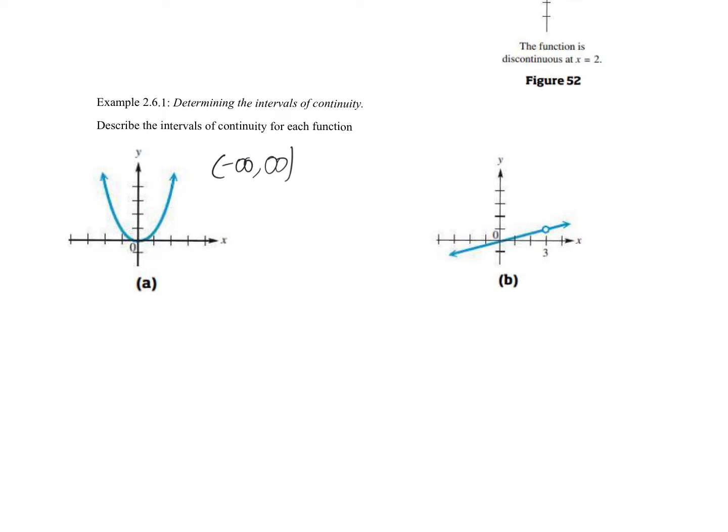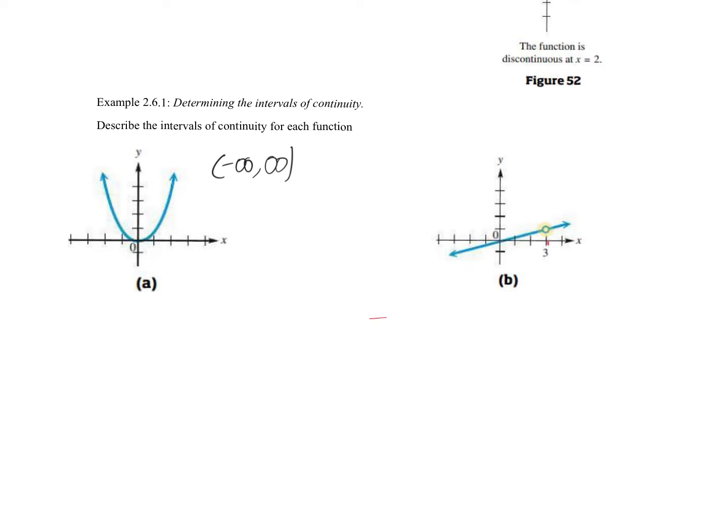Okay. And this second graph, B, you can see has that open circle there, and that is going to represent a discontinuous point on our graph. And so that is going to occur at, of course, the number 3.